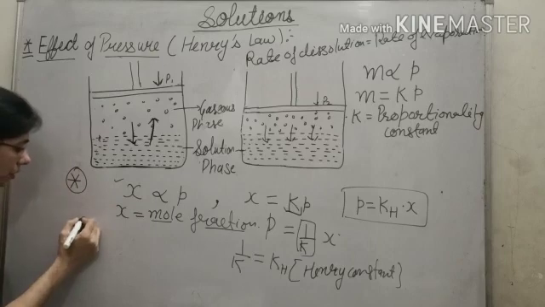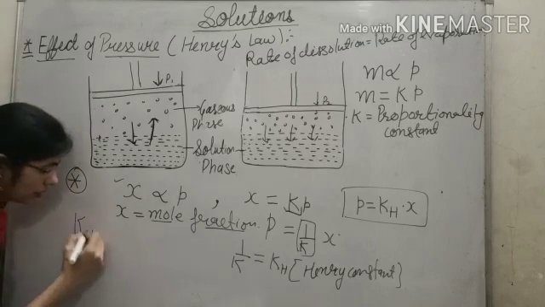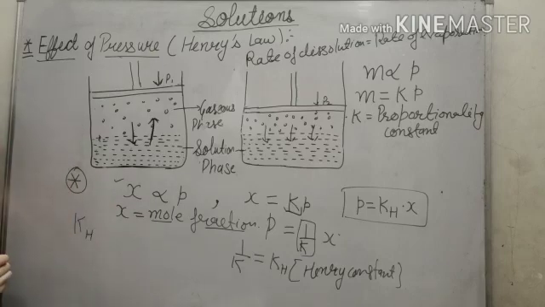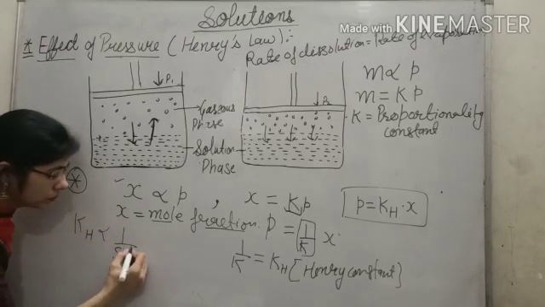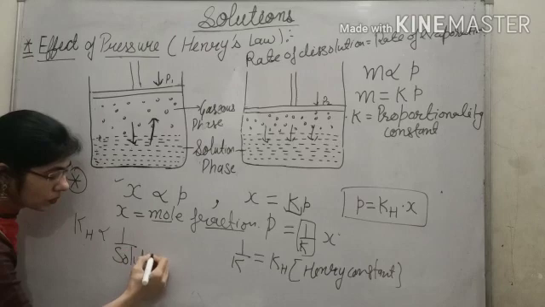And KH also tells us about the solubility of a particular gas, whether it is soluble or not soluble, less soluble or more soluble, and it is inversely proportional to the solubility.